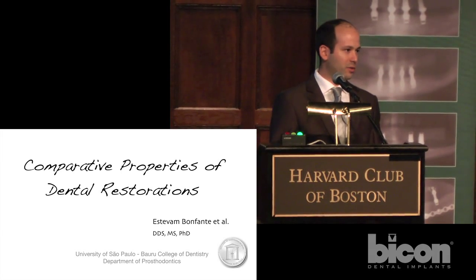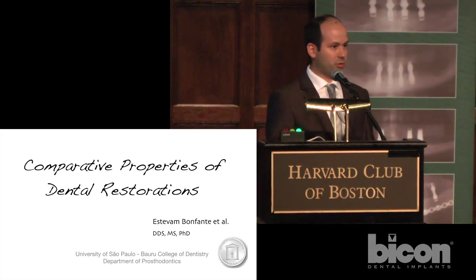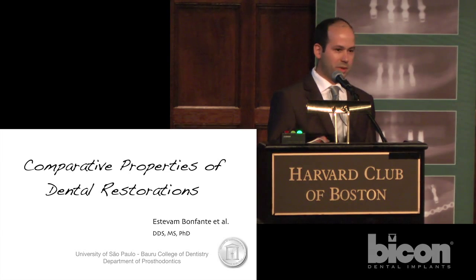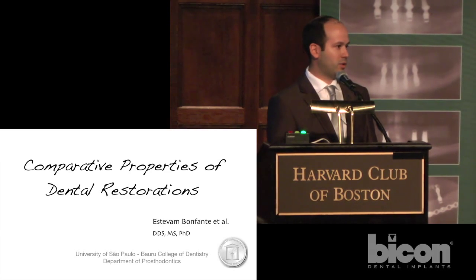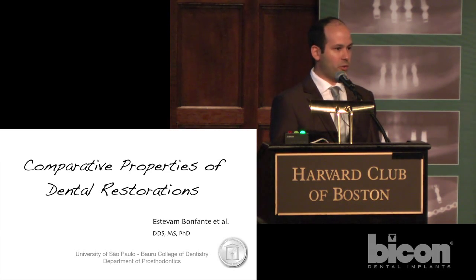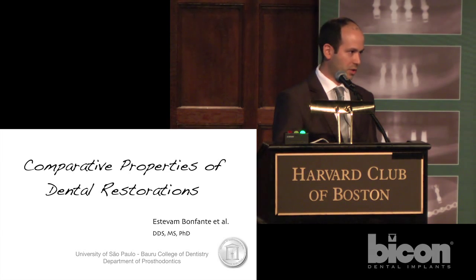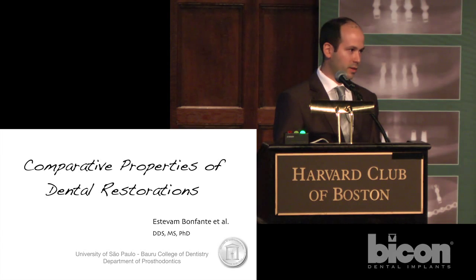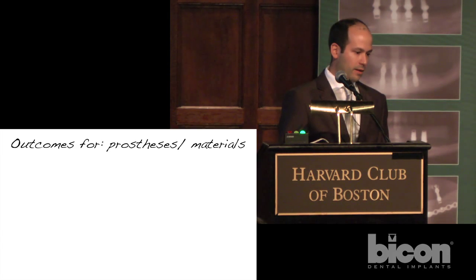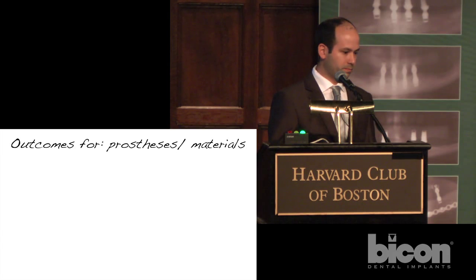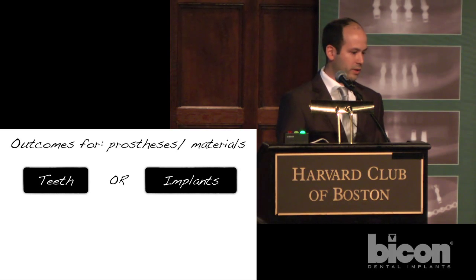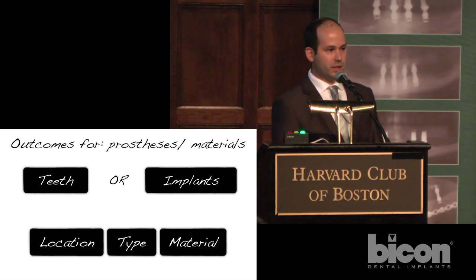And why lecture on comparative properties of dental restorations in an implant meeting? Well, because it's important to understand the clinical outcomes for tooth-supported reconstructions in order to gain knowledge on implant-supported prosthesis. And in addition to acknowledging the differences between the type of support, we must also distinguish where the prosthesis will be located.